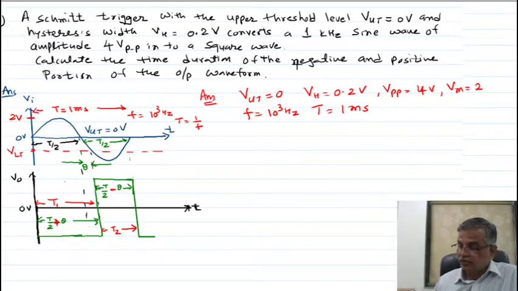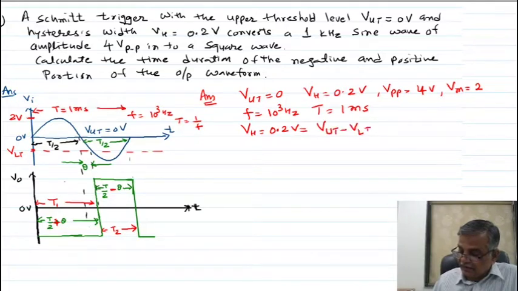Calculate the time duration of the negative and positive portion of the output waveform. So what is the time duration of this? Look here, VH is 0.2 and we know what VH is: VUT minus VLT. So 0.2 is equal to 0 minus VLT.